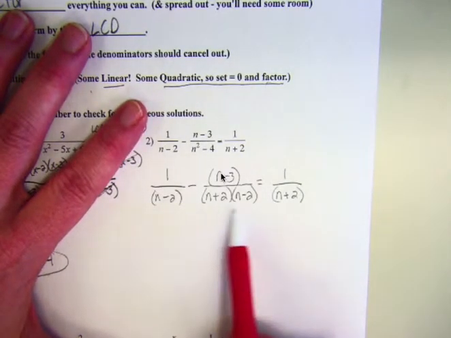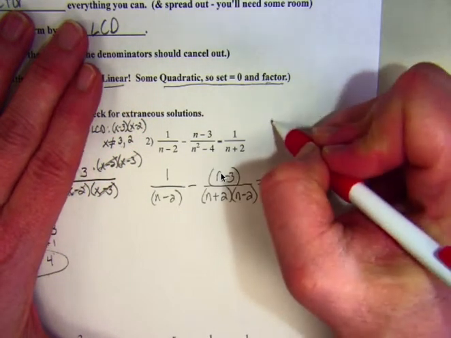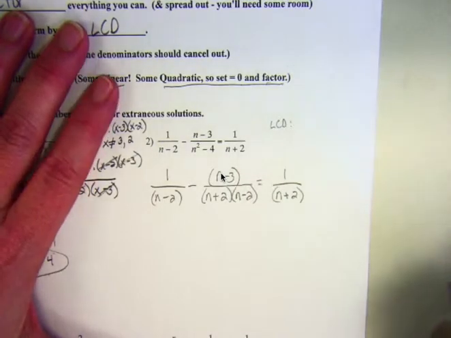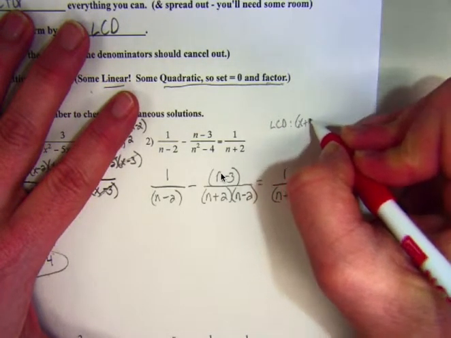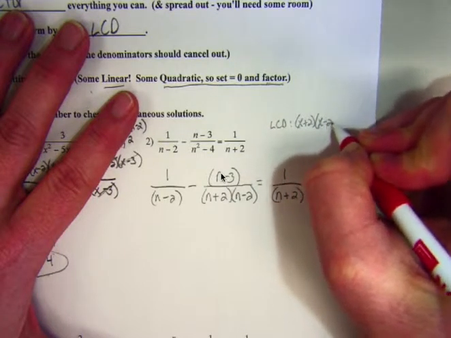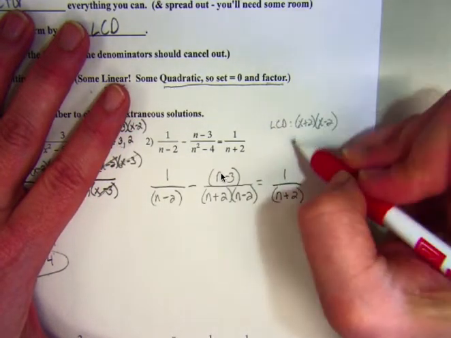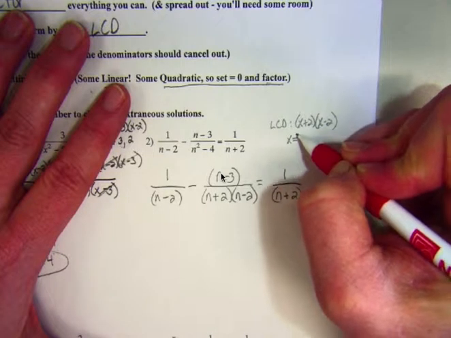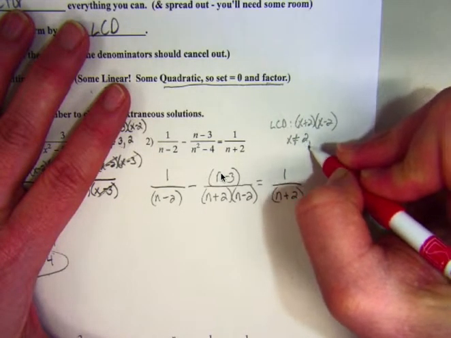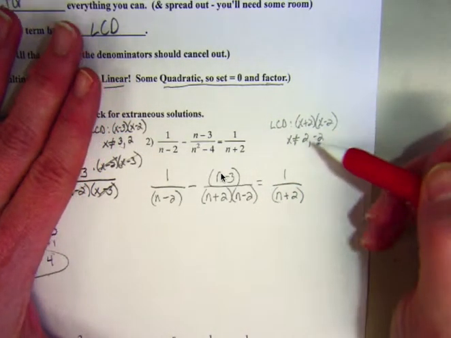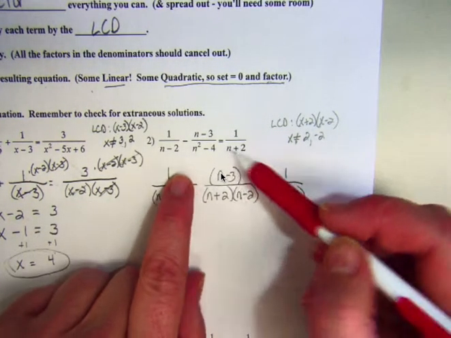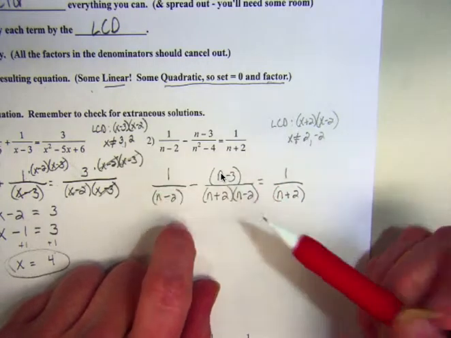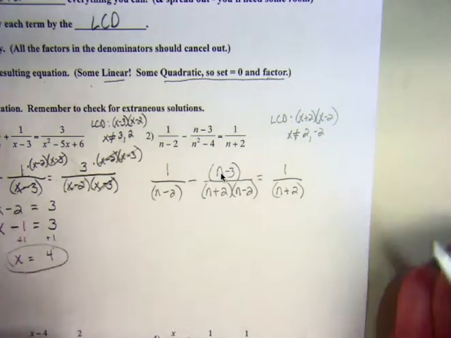So my least common denominator is going to be n plus 2 and n minus 2, which means my excluded values are positive 2 and negative 2. There is no way that n can equal positive 2 or negative 2, because that would make 0 on the bottom, and that's really bad.